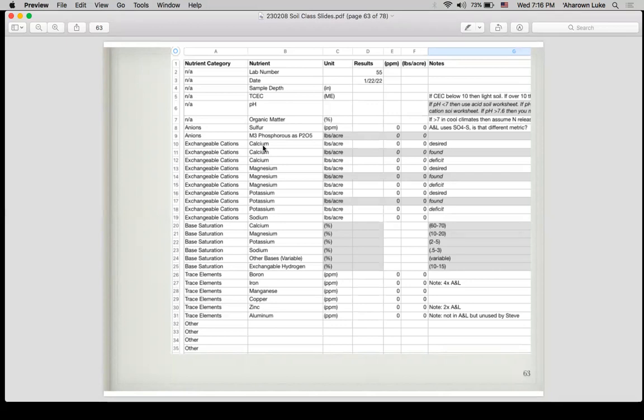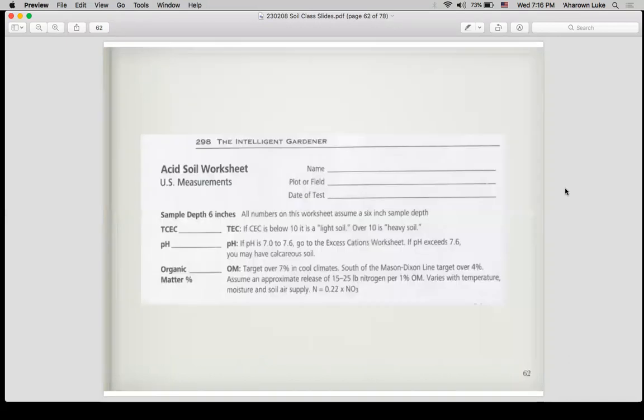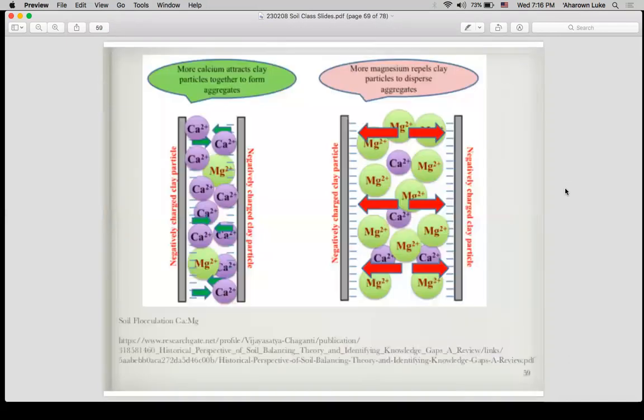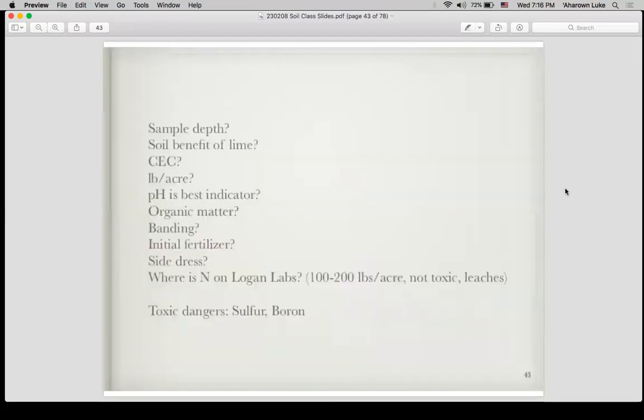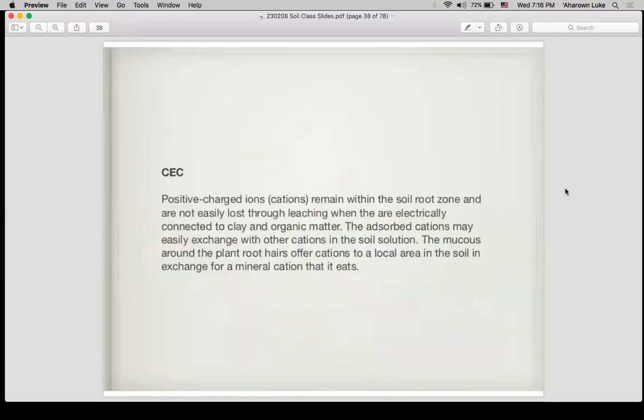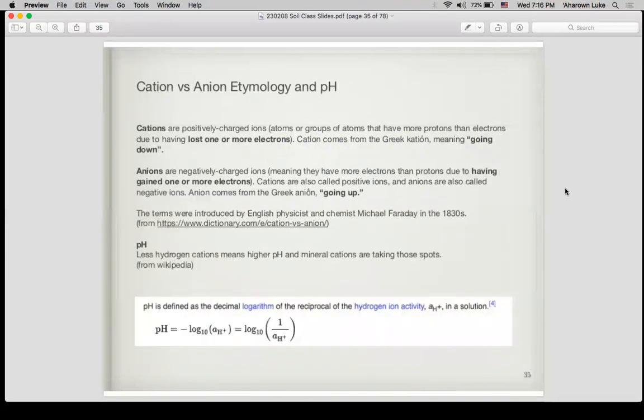Or I forget, but we'll go back to the original definition just to take the time to do that. So back up here, class 2. Here, getting close. So a cation is a positively charged ion. It's an atom, or a group of atoms, that have more protons than electrons due to having lost one or more electrons.